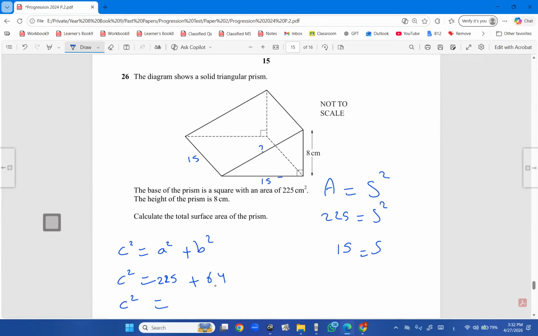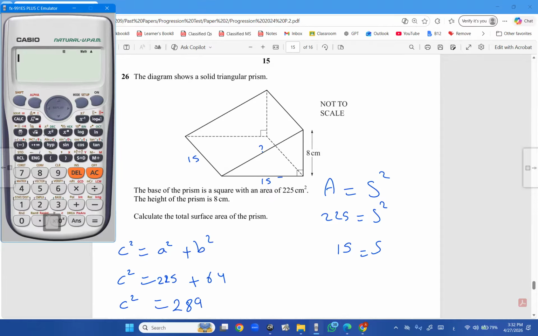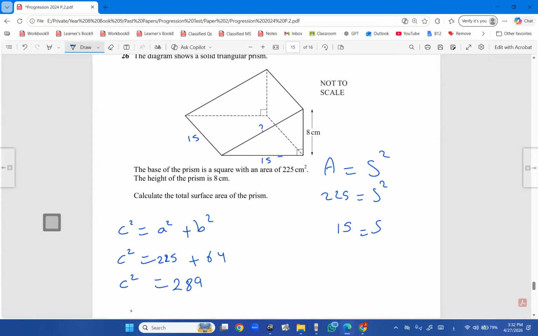Adding them up is going to give you exactly 289. Getting the square root of 289 is going to give you exactly 17. So now I know that this side is 17 centimeters. This is 17 centimeters. Good.